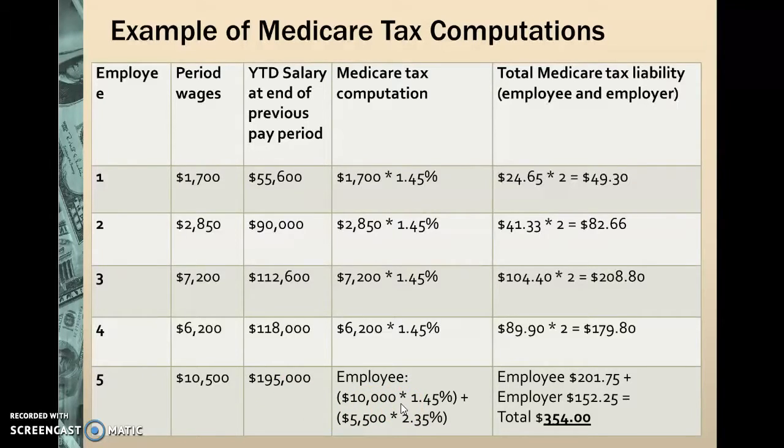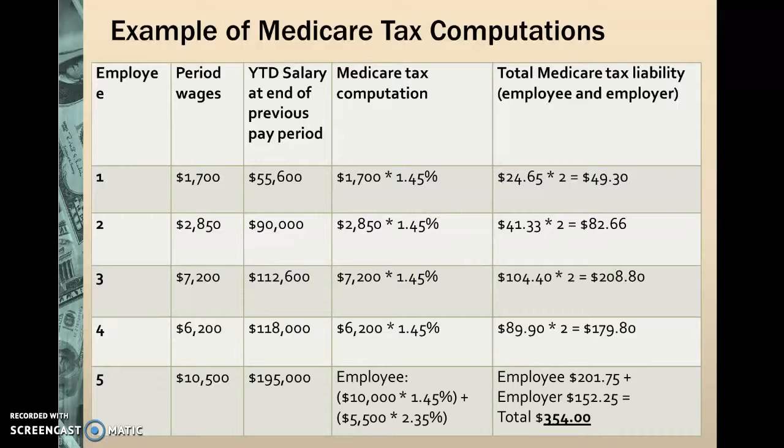In this case, they're going to take $5,500, multiply it by 2.35%. The employee and the employer's total Medicare then would be $354. Okay, and this is covered on page 124 in your book.